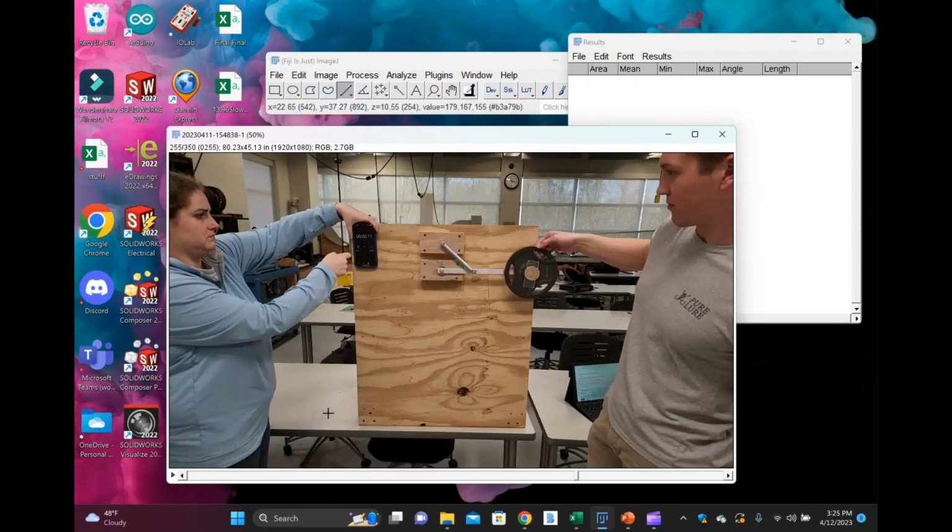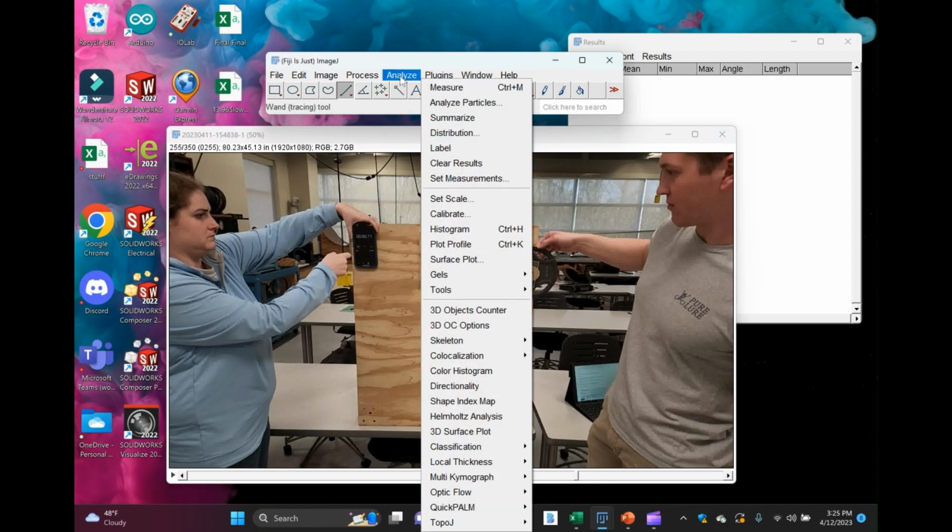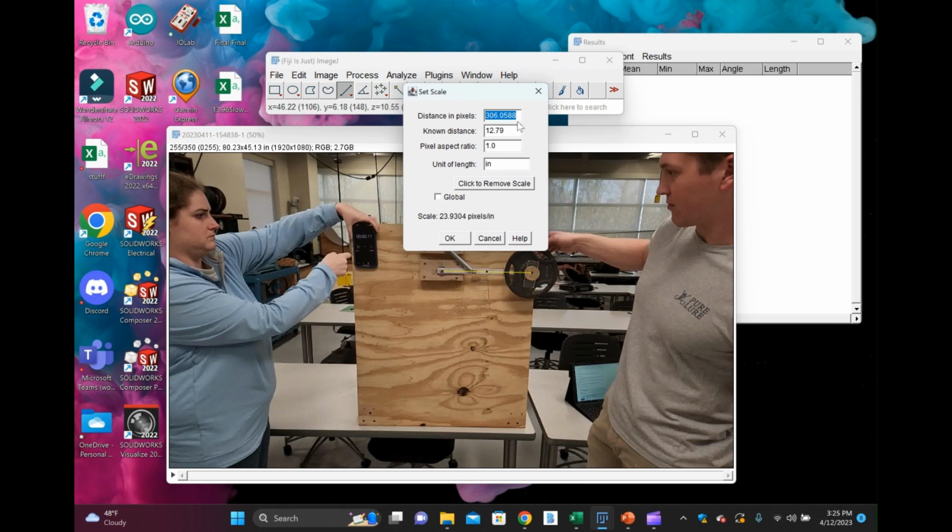This is the online computer program Fiji, which is what we used to help us find the velocity of our weight as it reaches 90 degrees. So I'm going to give a brief demo on what we did to find that. If we put our cursor here over our pinned connection, and then we create a line extending to the center of this weight, like so, we're going to hit Analyze and then Set Scale.